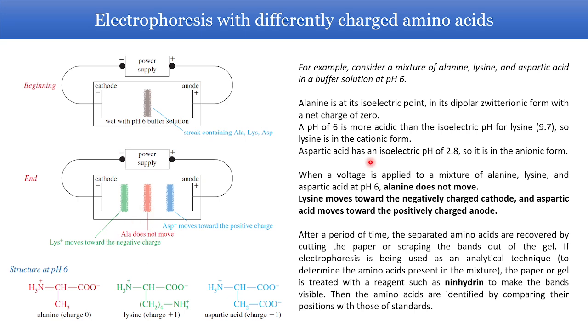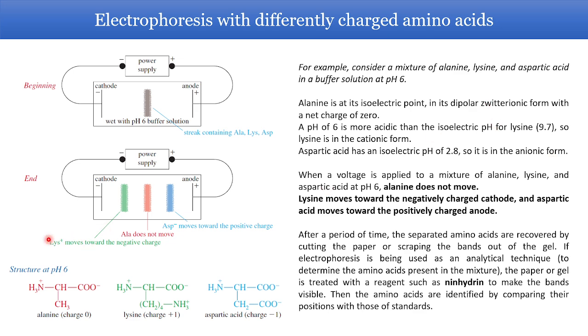So alanine does not move. For aspartic acid, at a pH higher than its isoelectric point, like when the pI is lower than your original pH, or the pH is higher than your pI value, then it is negatively charged, and when the pH is lower than your pI value, it is positively charged.